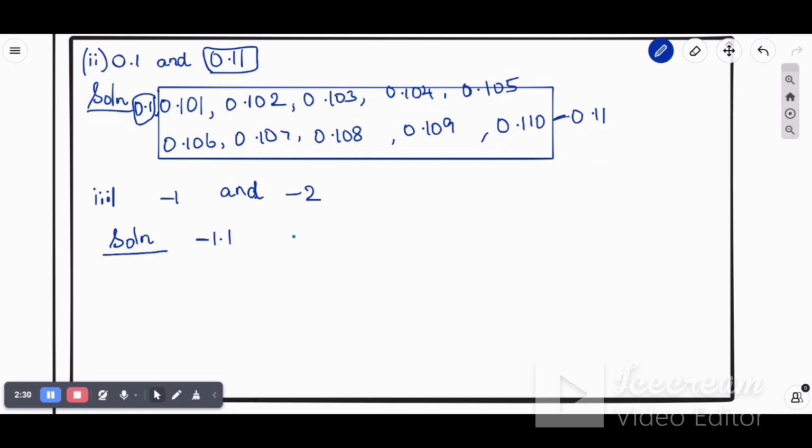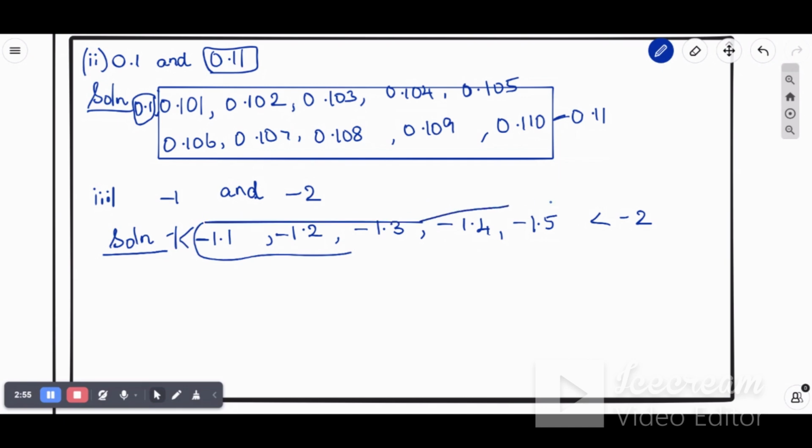So let us put minus 1.1, comma minus 1.2, comma minus 1.3. Anyway, it is going to lie between -2 and -1. So minus 1.4 and minus 1.5. These 5 numbers are obviously going to lie between -2 and -1. So you can take this as your answer.